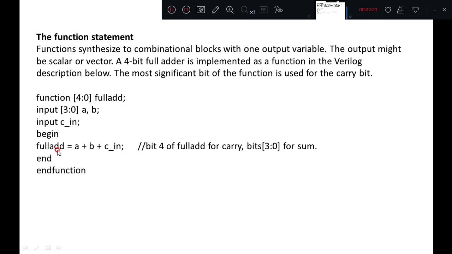This particular assignment statement will generate a 4-bit ripple carry adder. The 4-bit sum along with carry out is returned by this function, and when synthesized, it is equivalent to a 4-bit ripple carry adder.